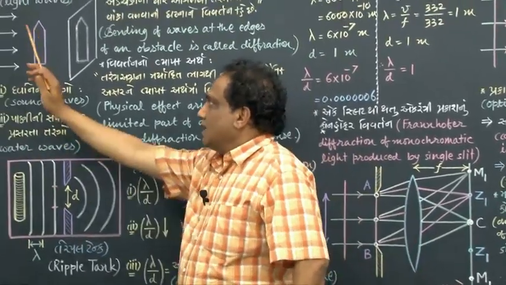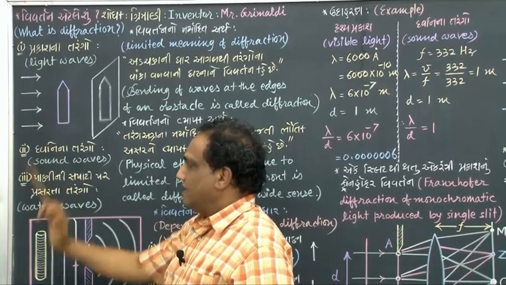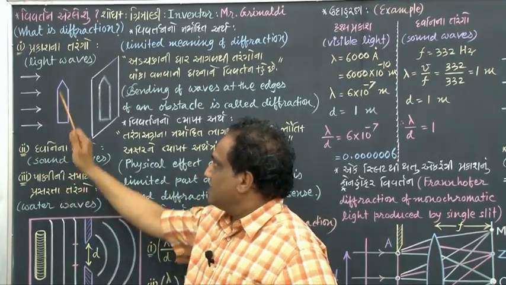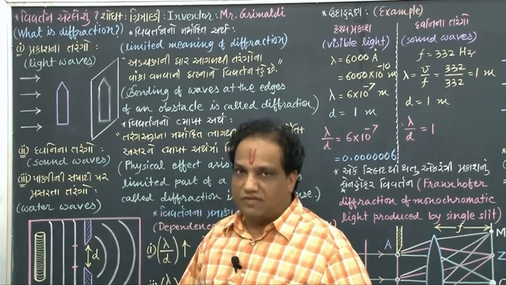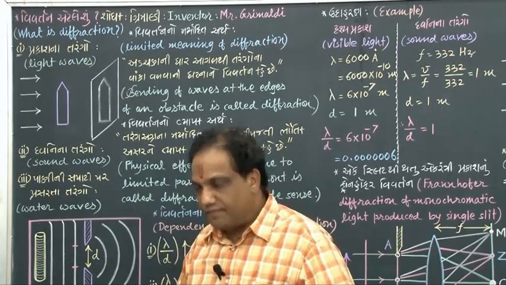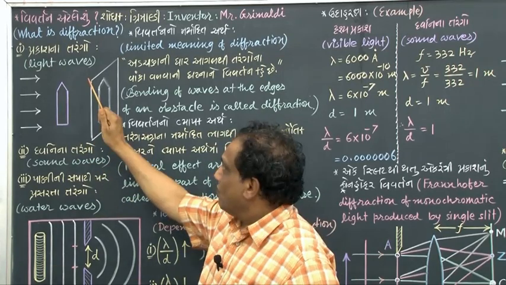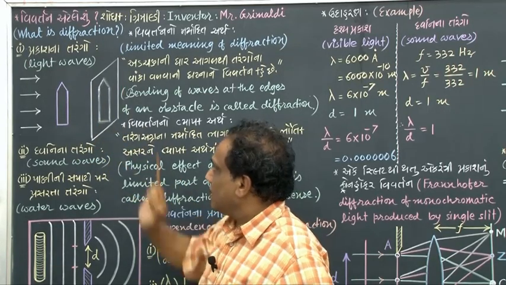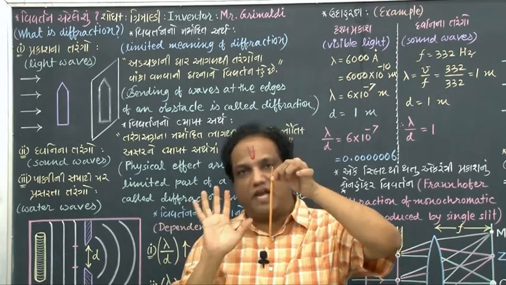First, consider these parallel light rays which are made incident on this wooden pencil. This is a wooden pencil, okay? And just behind this pencil we have kept one screen. Now tell me, wood is opaque to light.